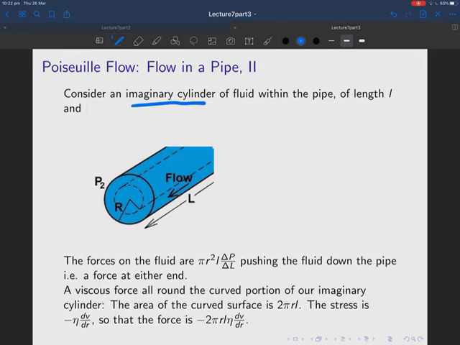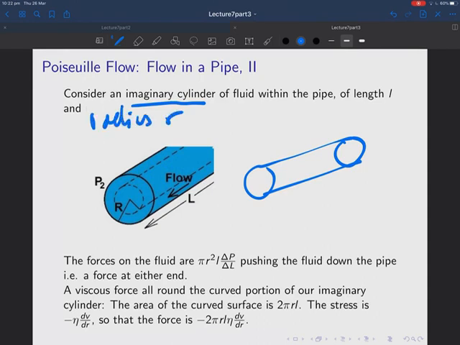At either end of our imaginary cylinder, which has radius r, little r, and length L, we've got a pressure force on either end, and we've got an area, the area of one end.